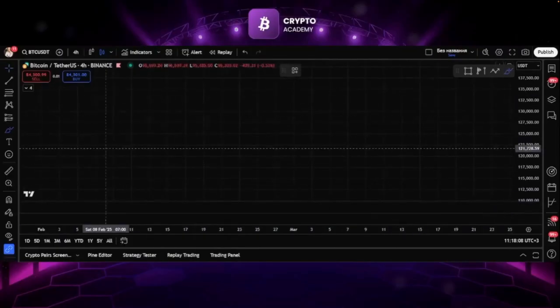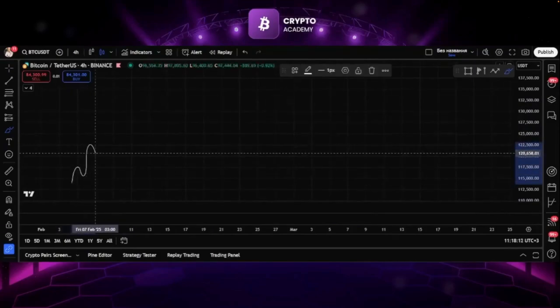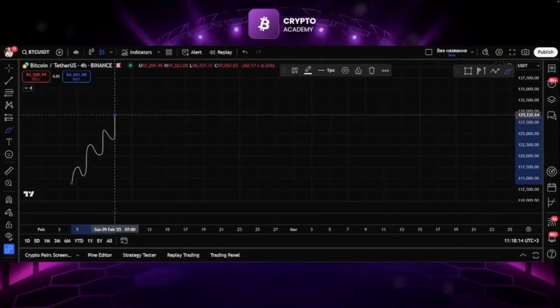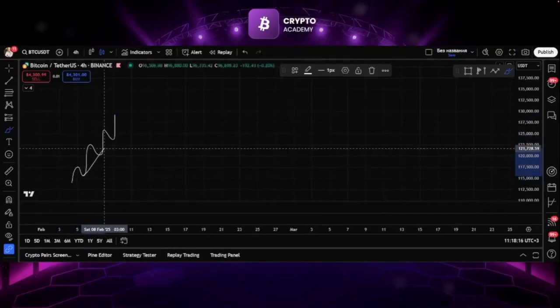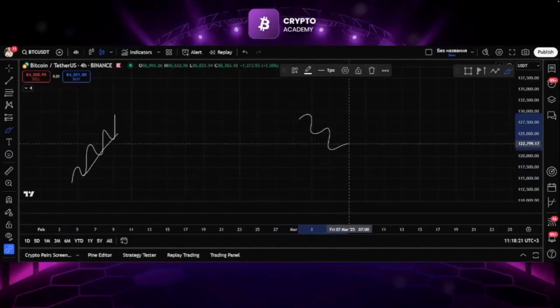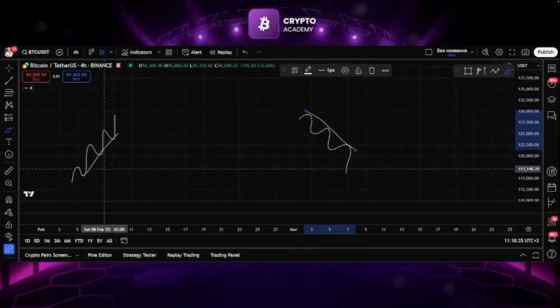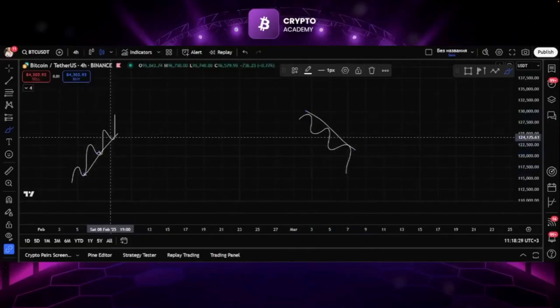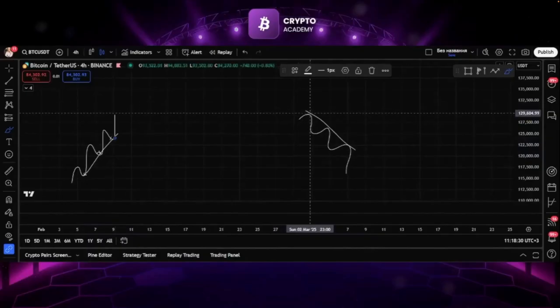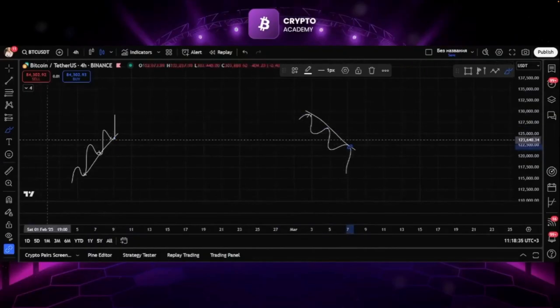The first is the trend and how it's built. Let me remind you that an upward trend is built by its lows, and a downward trend is built by its highs. And to understand that this is really a trend, we need 3 points, 3 touches, where we can draw a straight line.